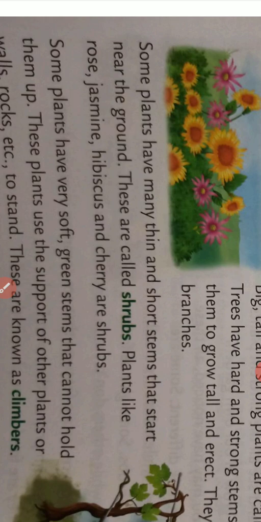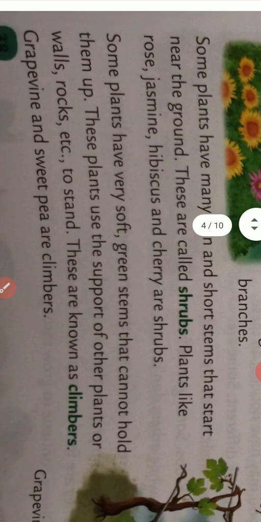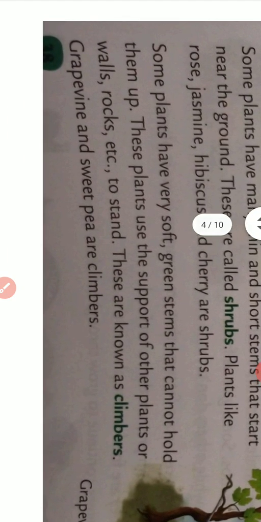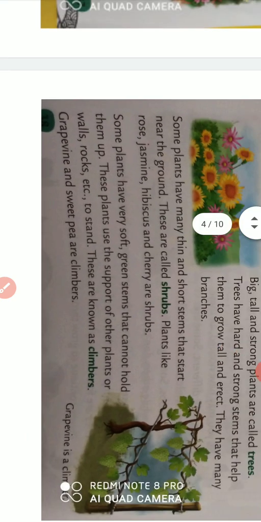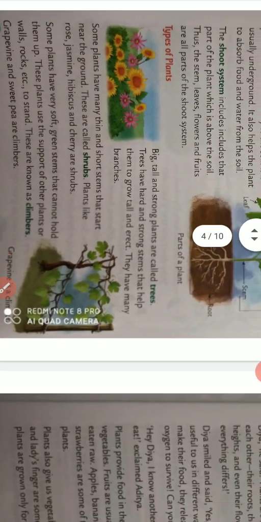Rose, jasmine, hibiscus, etc. Now climbers, some plants have very, very soft and green stems, and they cannot hold themselves up. So these plants use the support of other plants and rocks or walls, and they climb with the help of this support. And the examples are grapevine, sweet peas, money plants, etc.